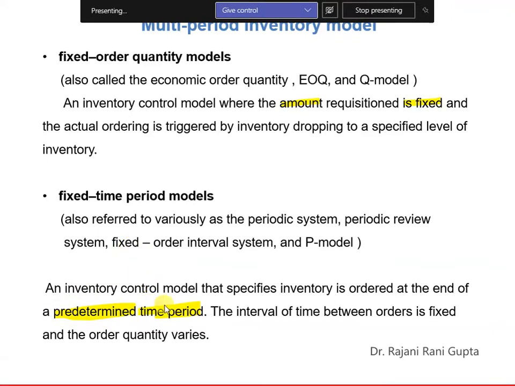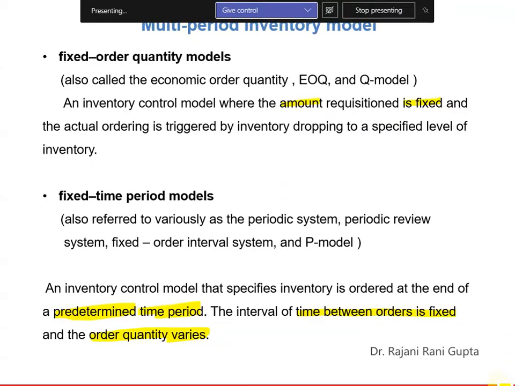This is the difference between the fixed order quantity model and the fixed time period model. In a fixed time period model, the time interval between orders is fixed and the order quantity varies. Here the time of placing the order is fixed, whereas the quantity ordered varies. Whereas in the other, the quantity of order is fixed, with nothing fixed about the time.